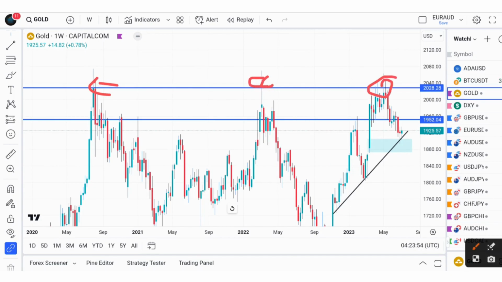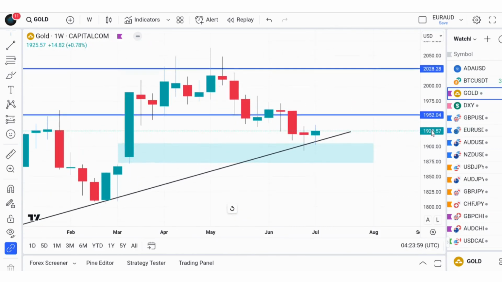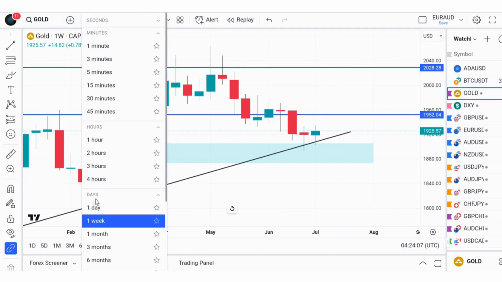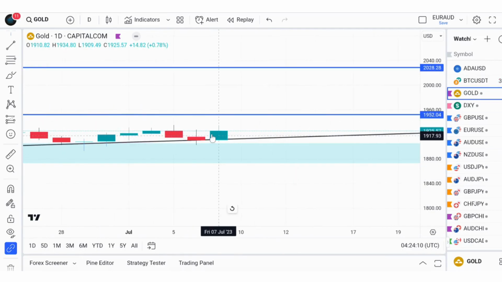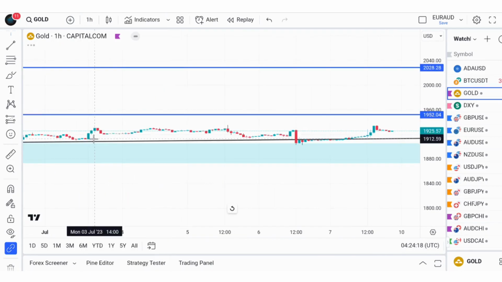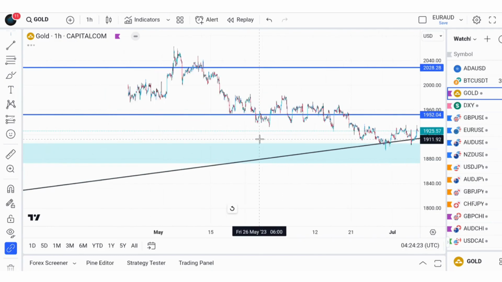But what matters right now is the price action we are looking at in a short time, that is the weekly, the daily, and then the 4 and 1 hour. And as you can see, we still have the formation of a head and shoulders in gold. If you check the 1 hour time frame, it signifies another reversal right there.